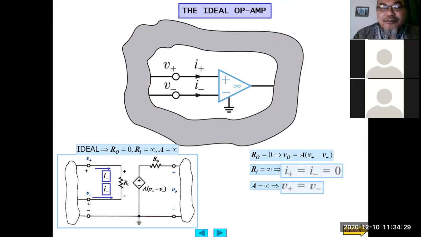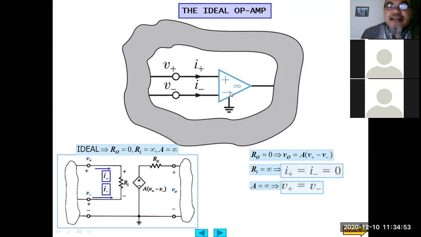V plus is the potential at the non-inverting terminal of the op-amp, the potential that is given to the non-inverting, the plus terminal of the op-amp. V minus is the potential or the voltage applied to the inverting terminal.